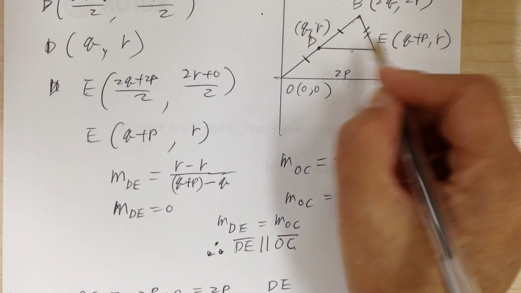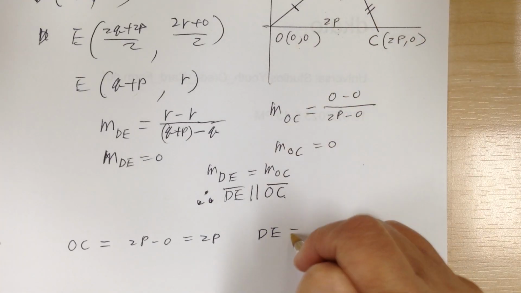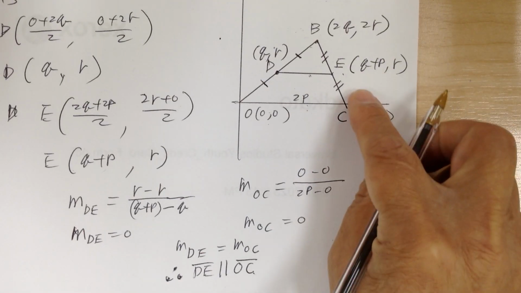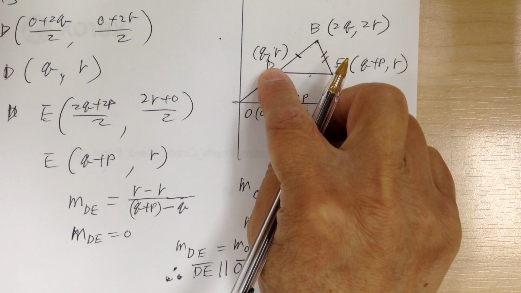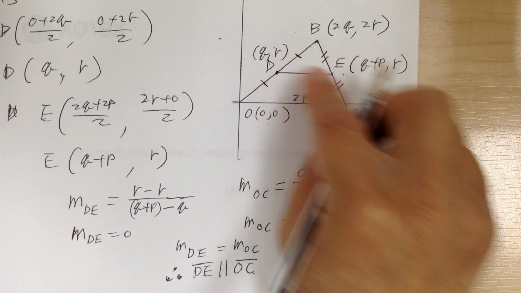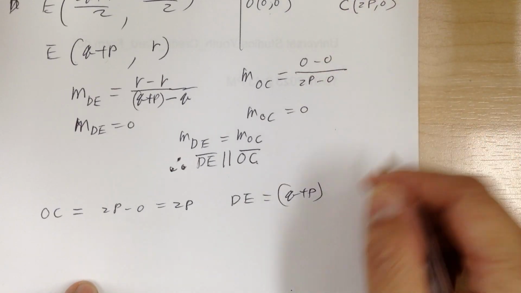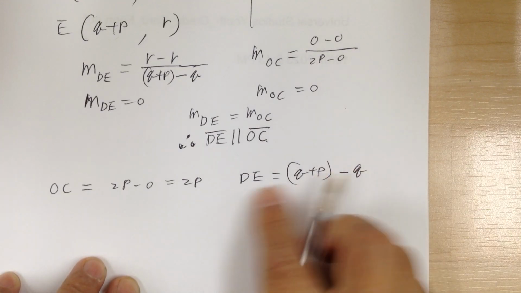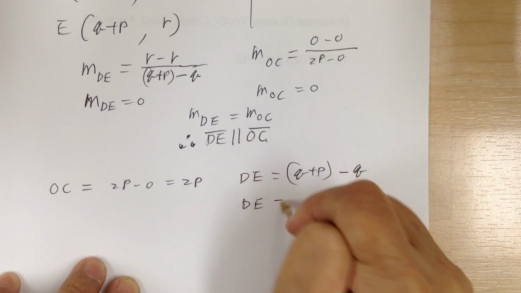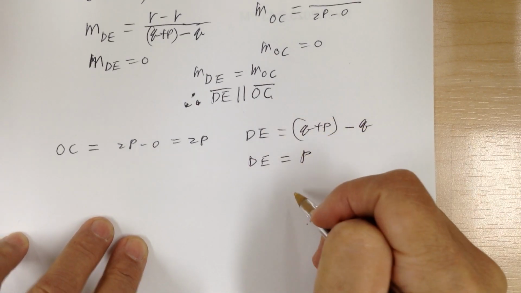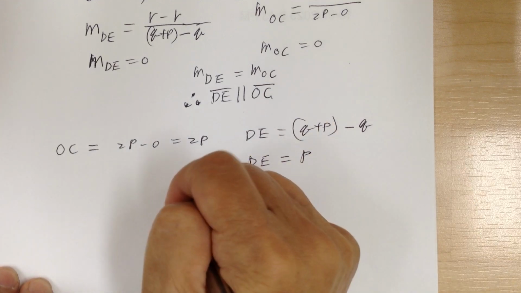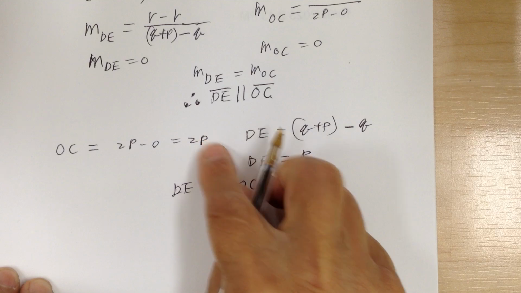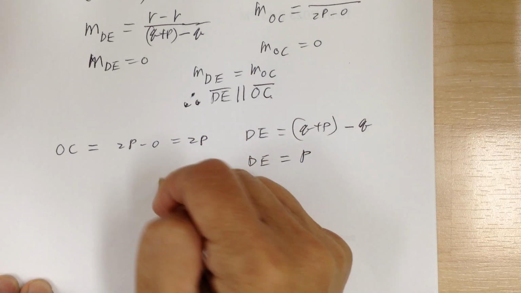You just use the end minus beginning, so q plus p minus q, and the y's are the same. You can use the distance formula, but you just make things complicated. So DE equals p. You can see that DE equals 1/2 OC. And that's how you do the proof.